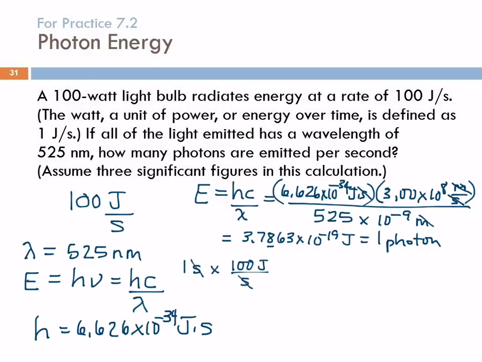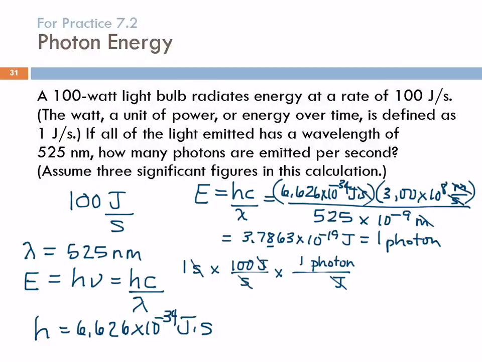So the seconds cancel. I calculated a conversion factor here: 1 photon is this many joules. So if I put joules in the bottom and photon on the top, then my units work out so that I get a number of photons.